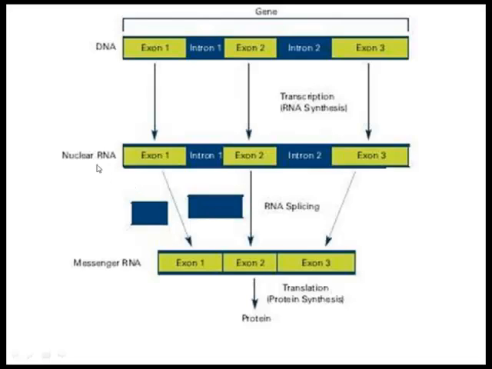And before moving from the nucleus to the cytoplasm, a process called RNA splicing occurs. RNA splicing means we remove these intervening introns that are not part of the encoding.